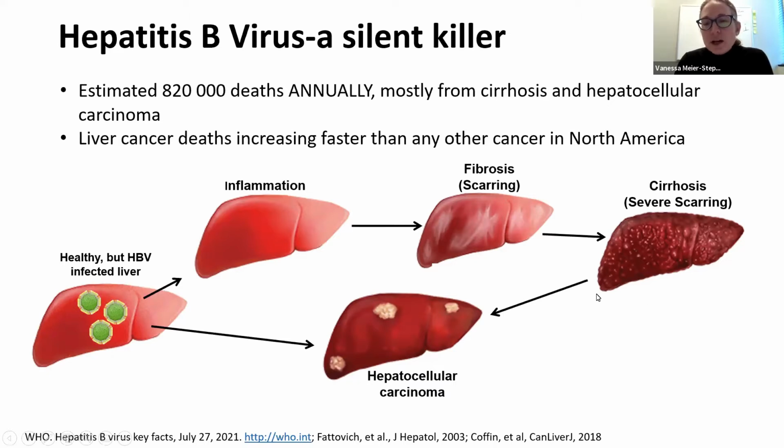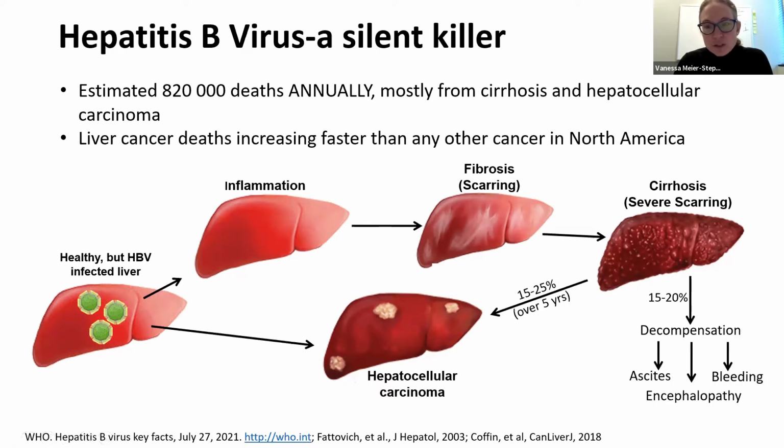Cirrhosis in and of itself has the potential to have complications around decompensation, and so 15 to 20% of people over the course of 5 years after they've been diagnosed with cirrhosis will have decompensated liver disease, which has a whole pile of complications associated with that. But also after a diagnosis of cirrhosis, there is a 15 to 20% chance of hepatocellular carcinoma.